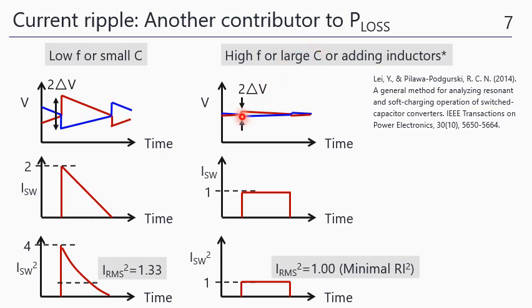So even though you transfer some amount of charge, the voltage change at the capacitor is not so significant, resulting in a constant current. Or to flow a constant current, you may add inductors between the two capacitors. So let's look at how significant this current ripple is on the PCE in the next slide.